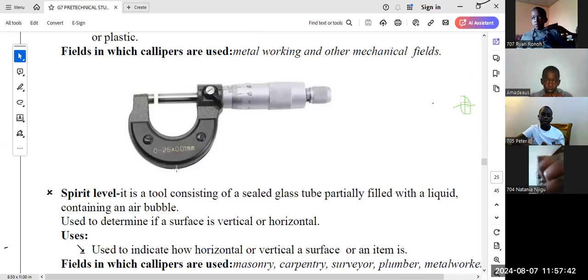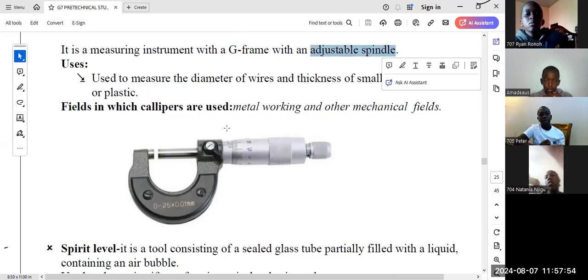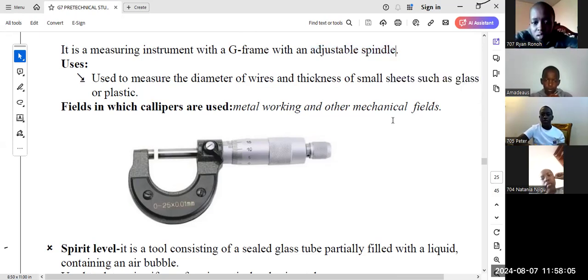This is the G frame we are talking about. And this G frame is fitted on an adjustable spindle. This shaft here is what we call the spindle. So it is adjustable. You can adjust to the outside or to the inside to get the exact measures of the object you want to take the measurements for.